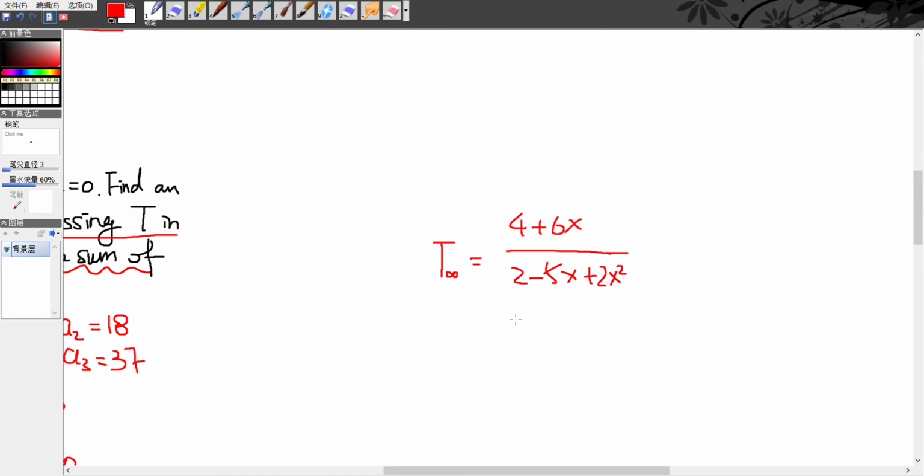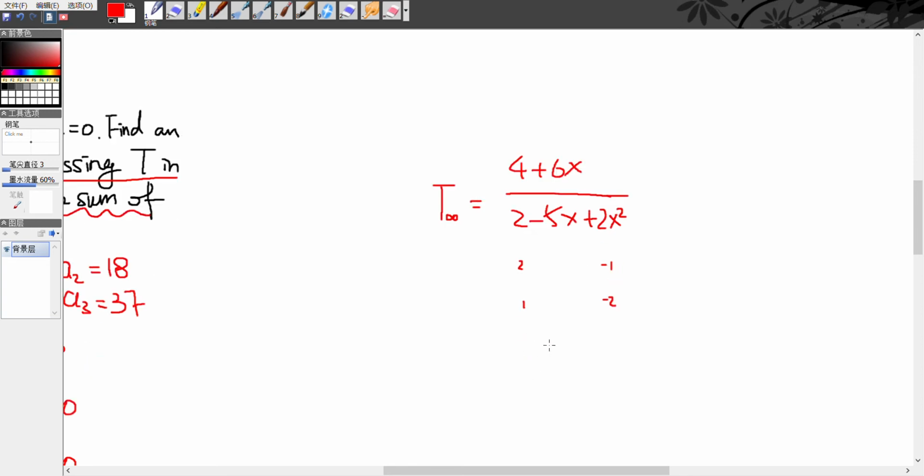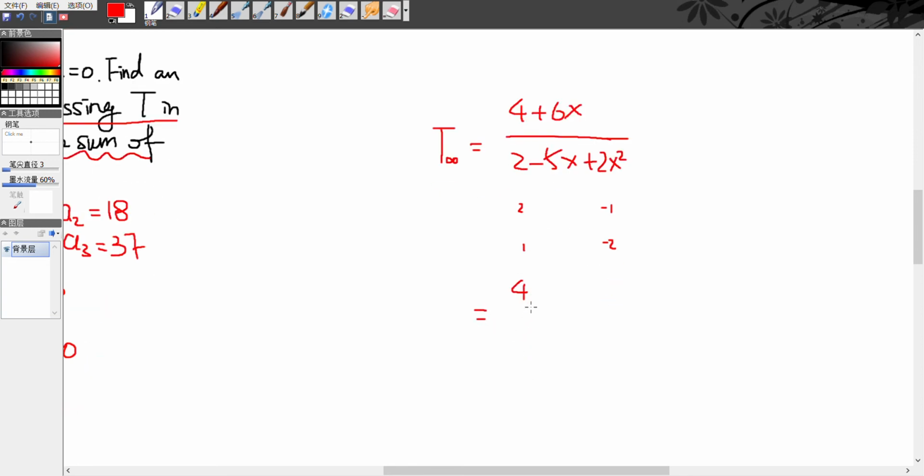We want to express our denominator as the multiplication of two linear factors. So we have (4 plus 6x) over (2x minus 1)(x minus 2).